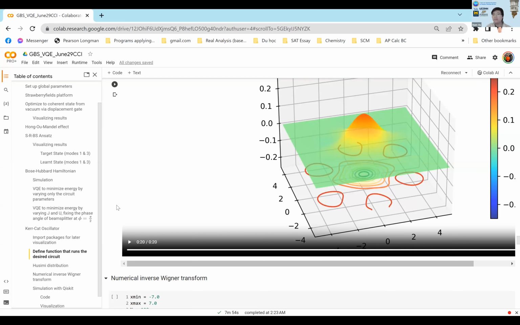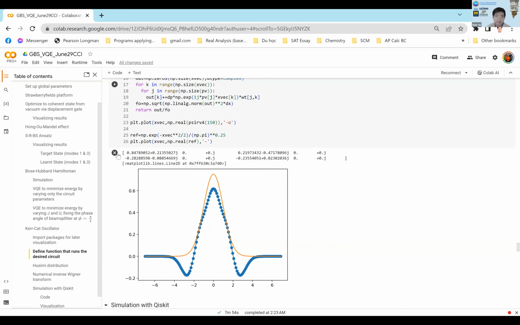And another way to visualize the results. Here we only have 1 mode. So based on the Wigner representation of the output state, we can also do the inverse Wigner transform numerically so that we can visualize the wave function and see how it propagates over time as well.